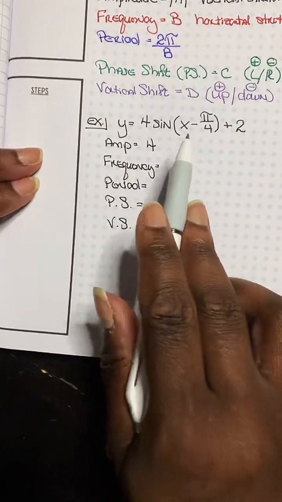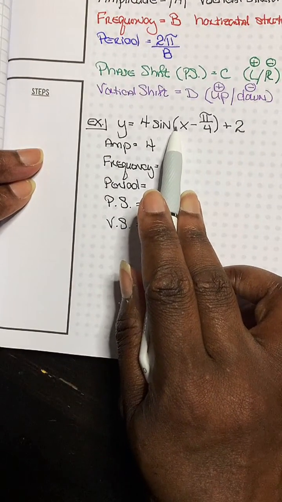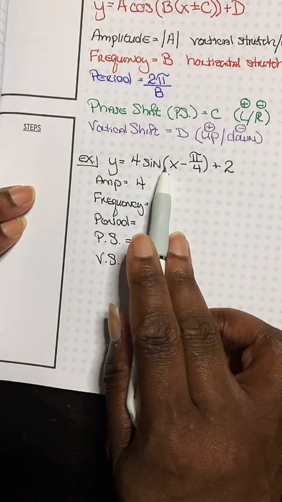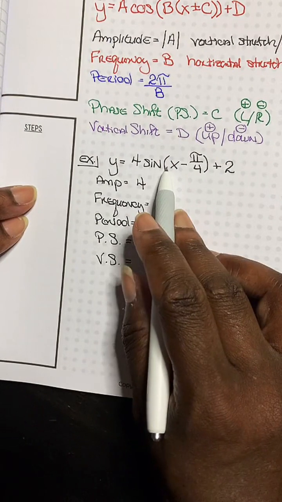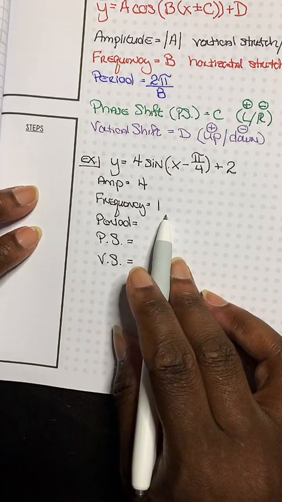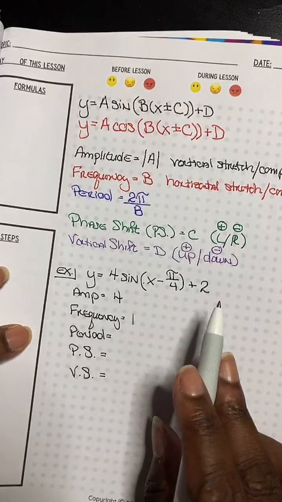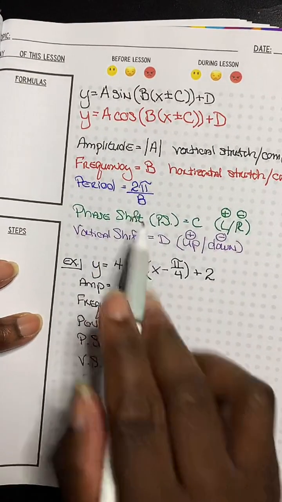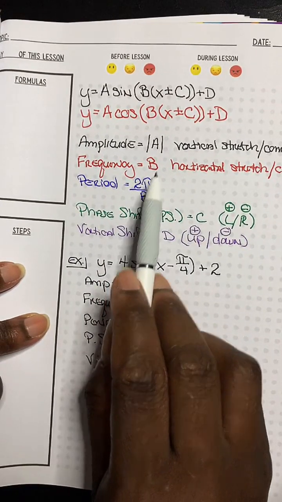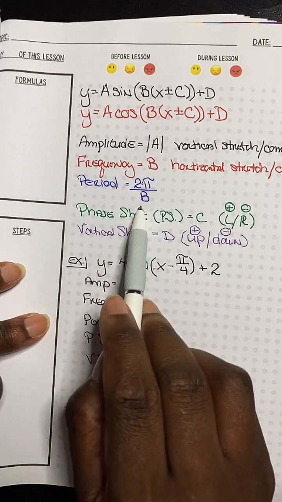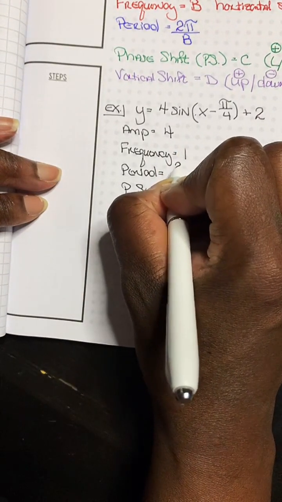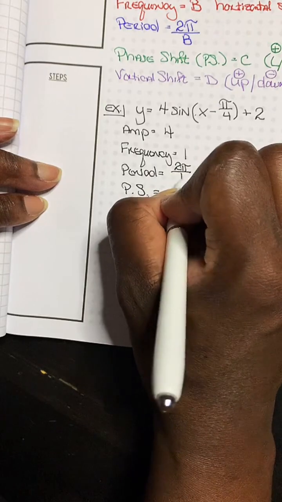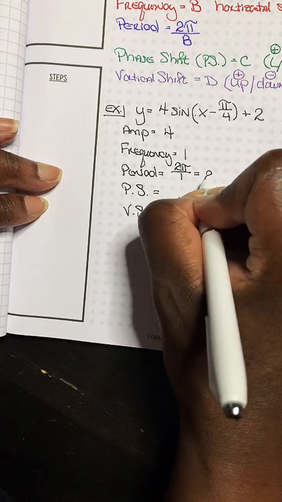So in this case, we don't see a number here, but we always assume that it's a 1. If you don't see a number, assume it's a 1. Now, your period, we need to calculate that. So it's always 2 pi over your frequency, which is your B. We figured out the frequency is going to be 1. So my period is going to be 2 pi over 1, which is simply 2 pi.